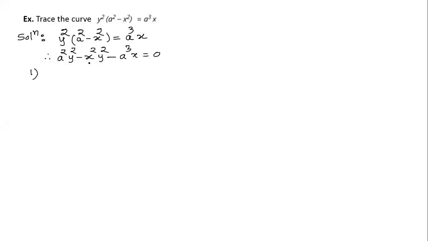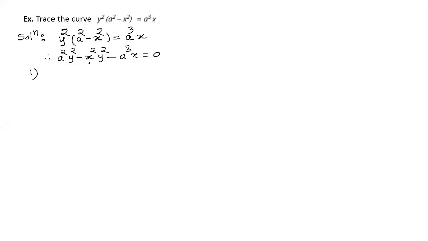Yes, only y square is there, so property one is satisfied. Property number two: if the equation contains only even powers of x, the curve is symmetric about the y-axis.